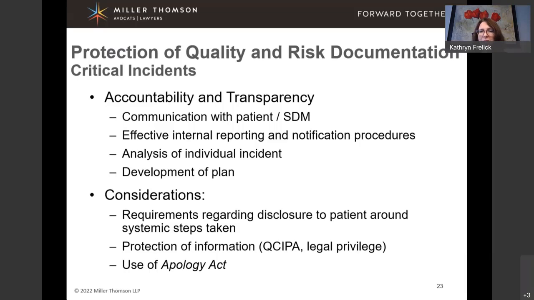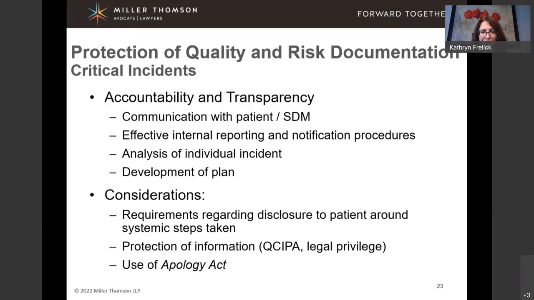For critical incidents, it is also important to ensure that there's effective internal reporting and notification procedures so that individuals are coming forward and reporting any incidents that they see, and that the notifications required by the legislation within the organization are taking place.